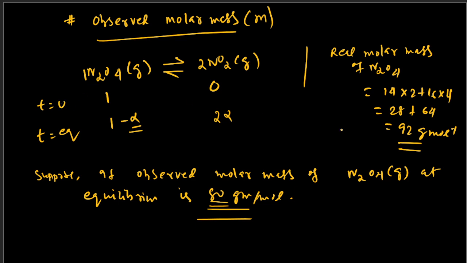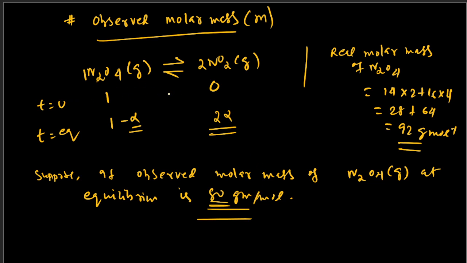Initially N2O4 has this amount of gram, and at equilibrium alpha has been consumed from it. From 92 grams alpha has been consumed, and 2 alpha of NO2 is formed, so this is the mixture of N2O4 and NO2. At equilibrium we get the observed molar mass.